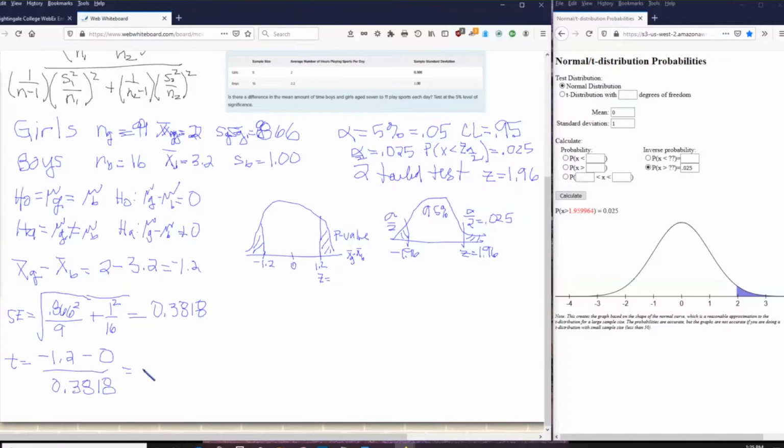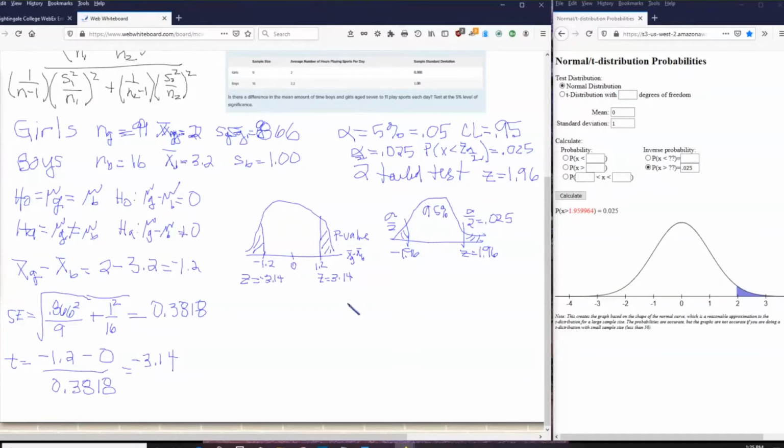And that is going to give me a minus 3.14 for my z. So that means this z here is a minus 3.14, and my z up here is going to be a positive 3.14.